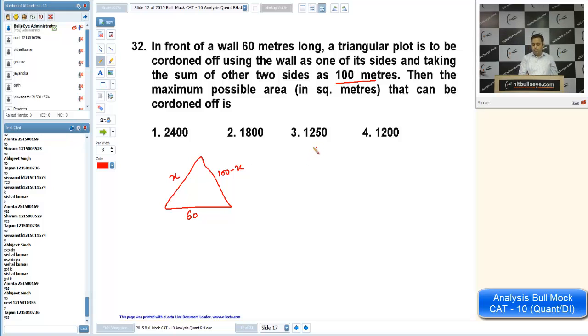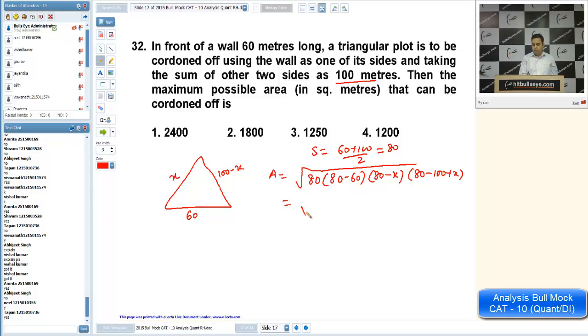For that I will find the semi-perimeter, and semi-perimeter is (60 plus 100) by 2, equal to 80. So the area will be equal to under root s into (s minus a) into (s minus b) into (s minus c).